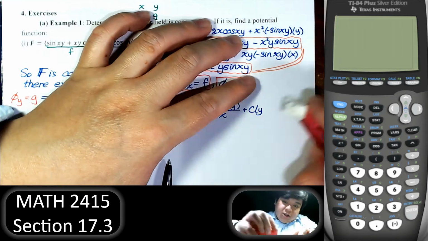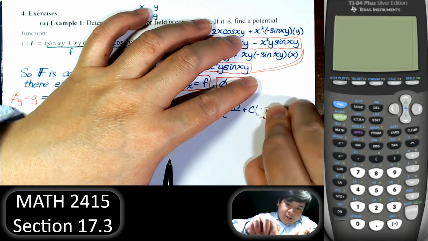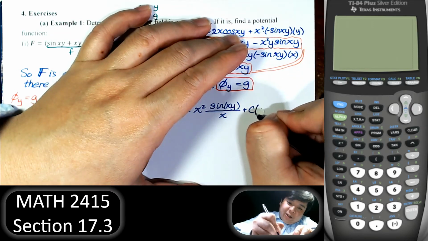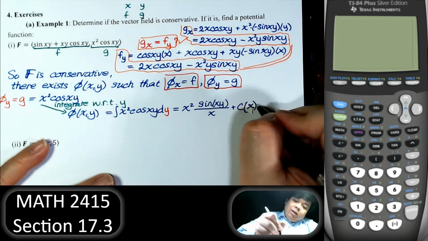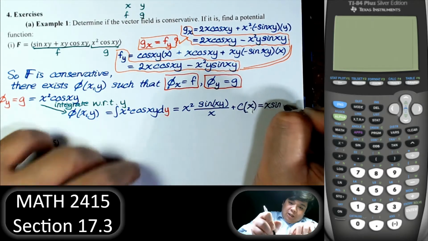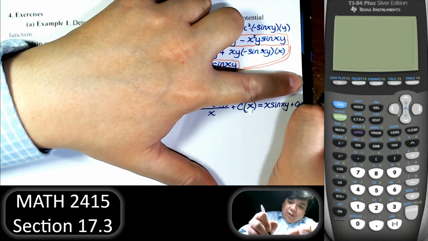So this is the function in terms of x, which gives us x sine of xy plus c of x.